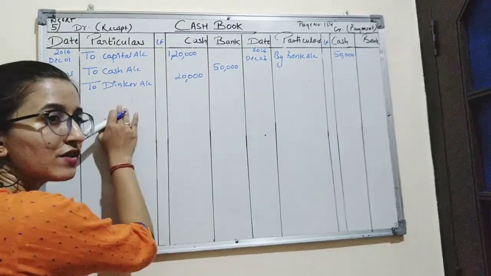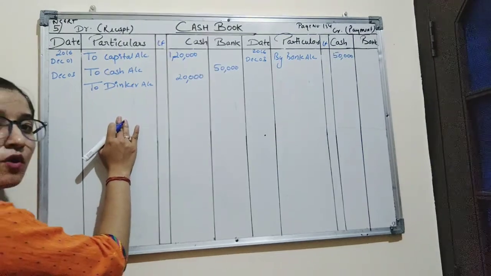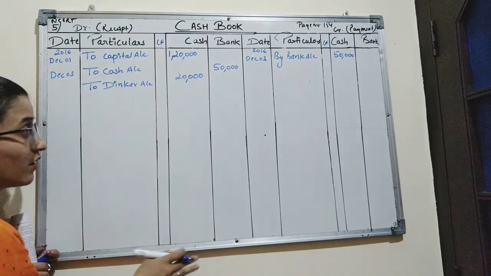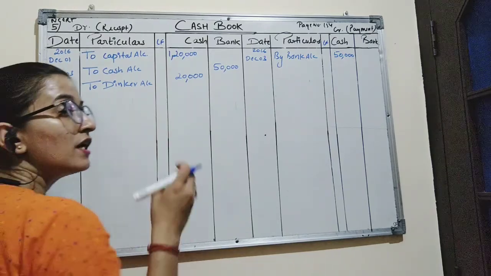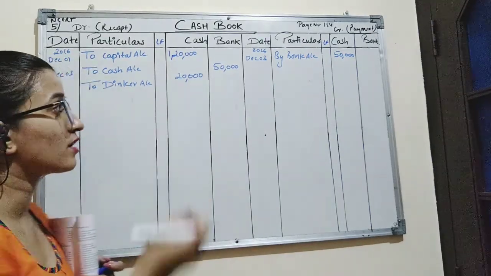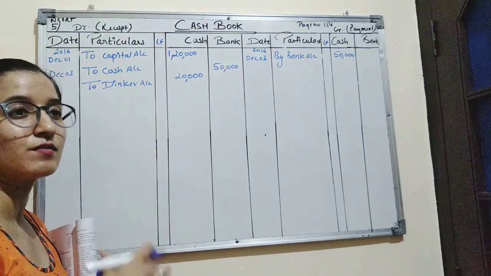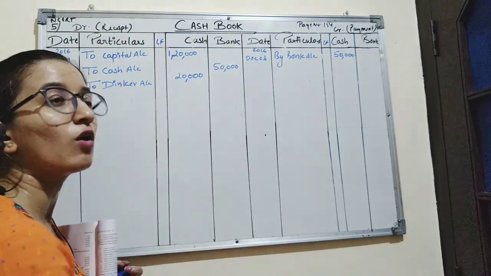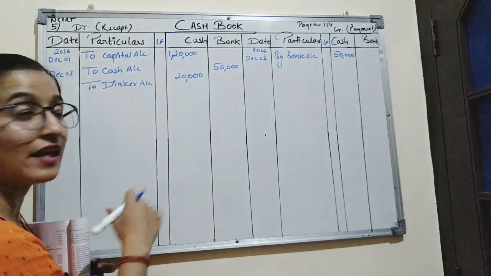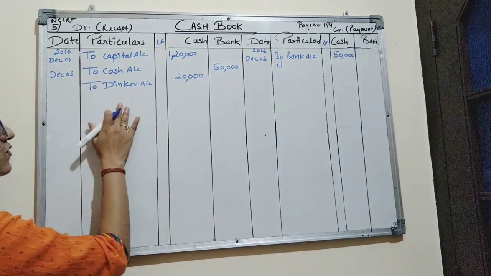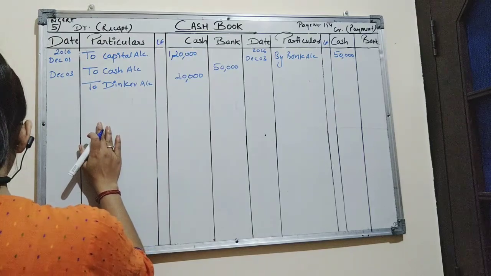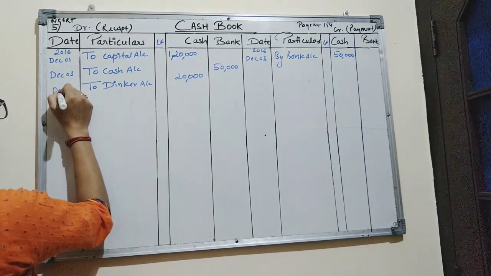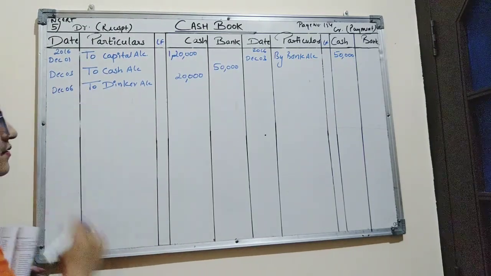Because we have received the check from Dinkar and this check has been deposited in the bank on 14th December. So till then it is considered as cash because this check can be endorsed. A check received from any customer can be endorsed to someone else also, so we treat it as cash. That is why we will record it on cash column and the date for this transaction is December 6.